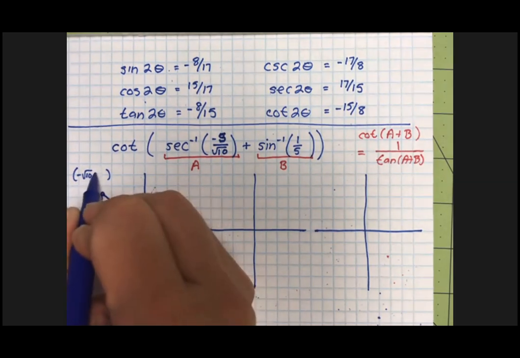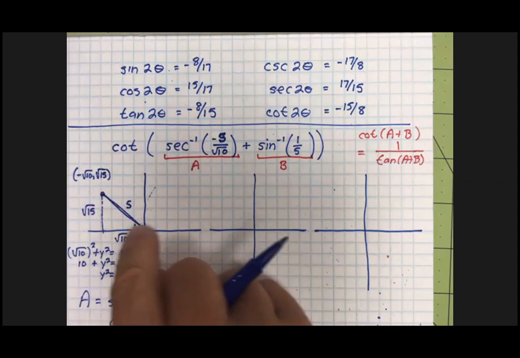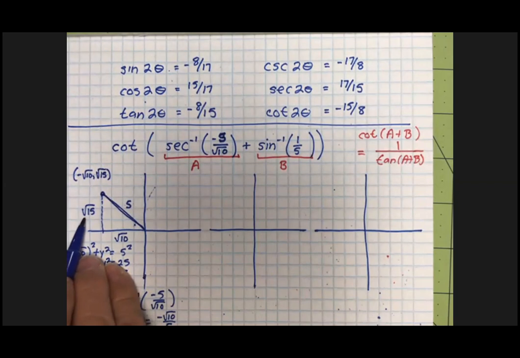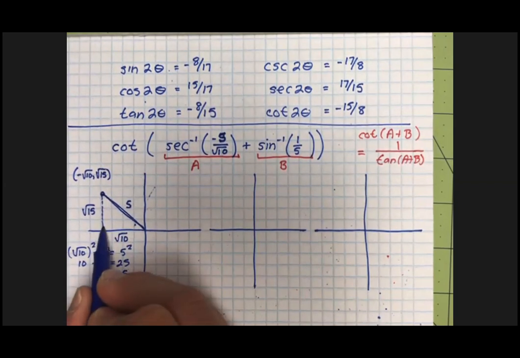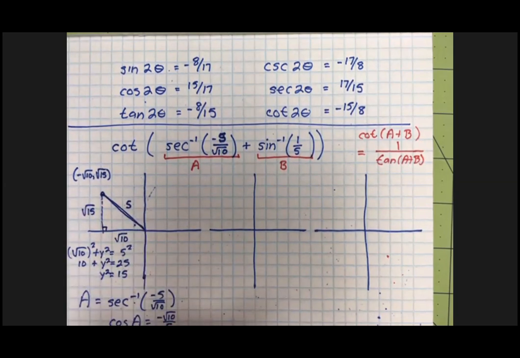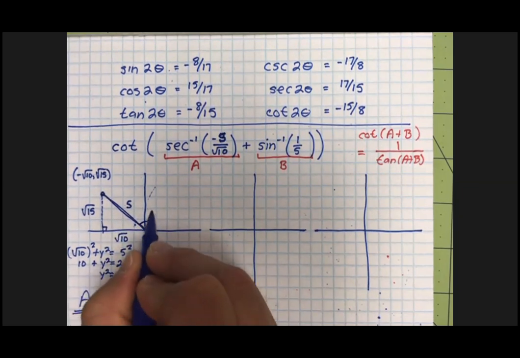And I choose plus the square root of 15 to put in my point because I have a positive y value in the second quadrant. I write a positive root 15 here so that my reference triangle has positive sides everywhere. Okay, so first mission, I know what A is. I know where A is.